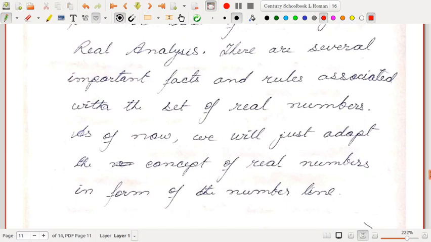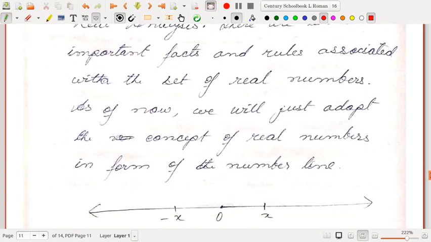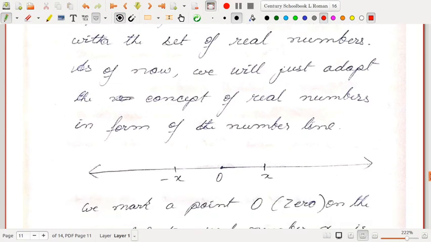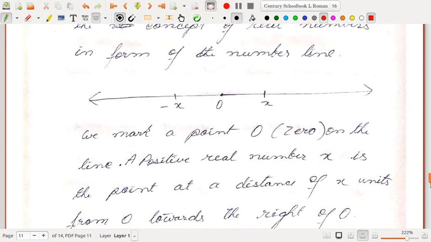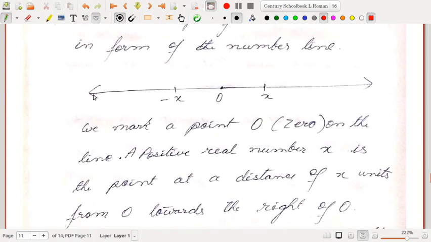The higher mathematics concepts of real numbers are not necessary as of now for us. So we will just take real numbers as being represented by the number line. So we have an infinite line and we mark a point 0, that is called the origin.